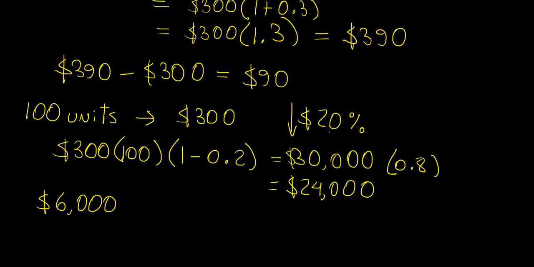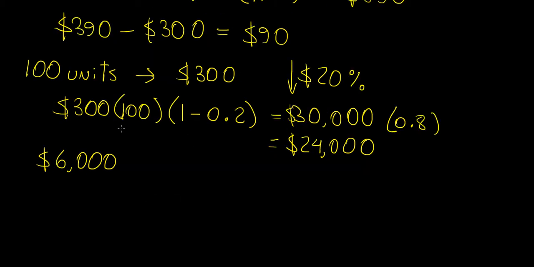Obviously 20% is a bit optimistic, but in general you will get some discount. So not only are you going to recover this amount of money after you sell all the units, but you're also going to get some extra profit from the fact that you already saved $6,000 on that.